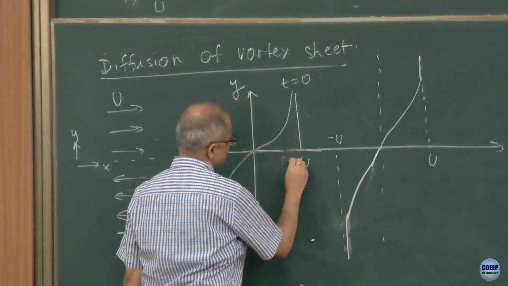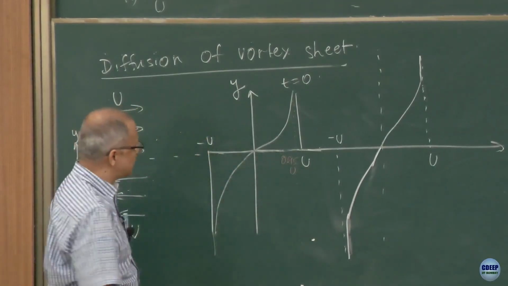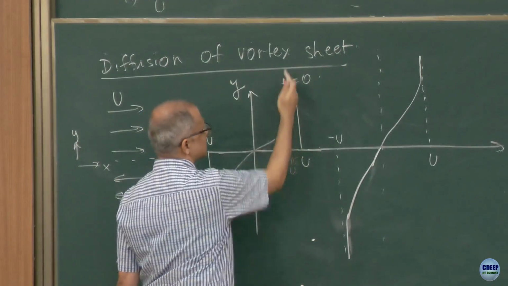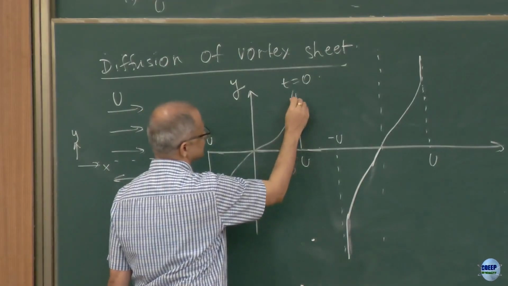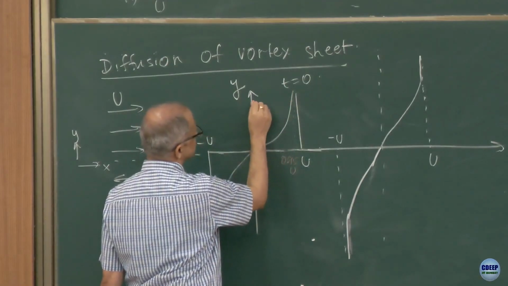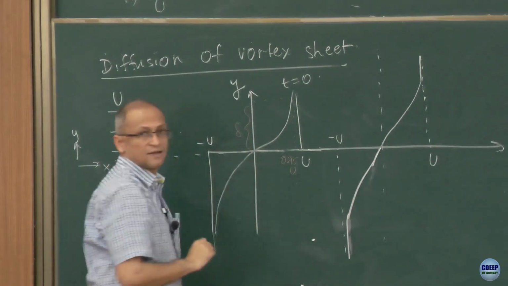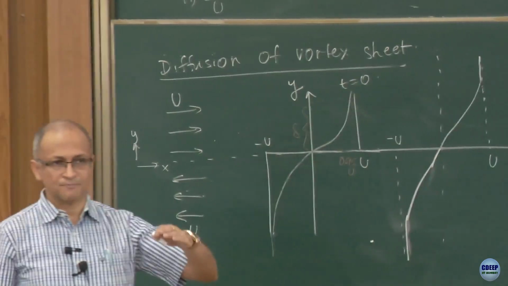Let us say it is 0.95 U. If I draw a parallel line at 0.95 U, it is going to intersect this curve somewhere, and that is my thickness, this is my delta. This is the thickness over which the diffusion has happened.